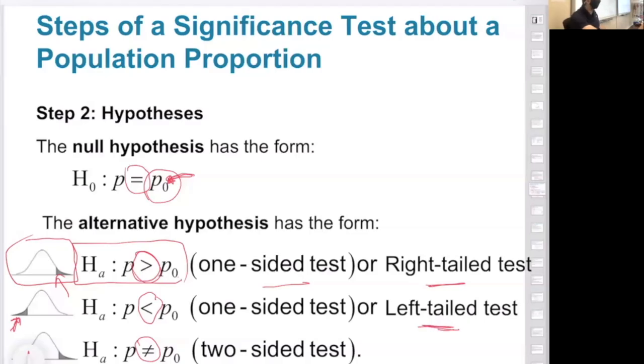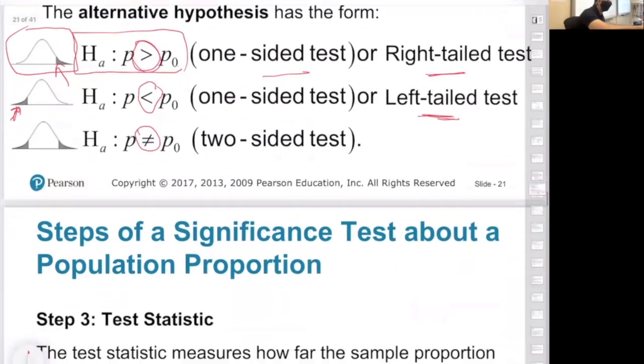Right-tailed test if the statement contains greater than. Left-tailed test if the alternative hypothesis statement has less than. Two-tailed test or two-sided test if you have not equal in the alternative statement, as you can see there.